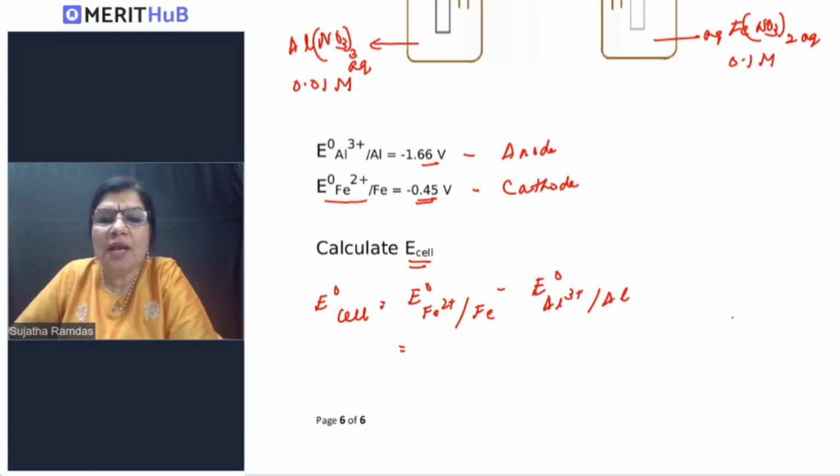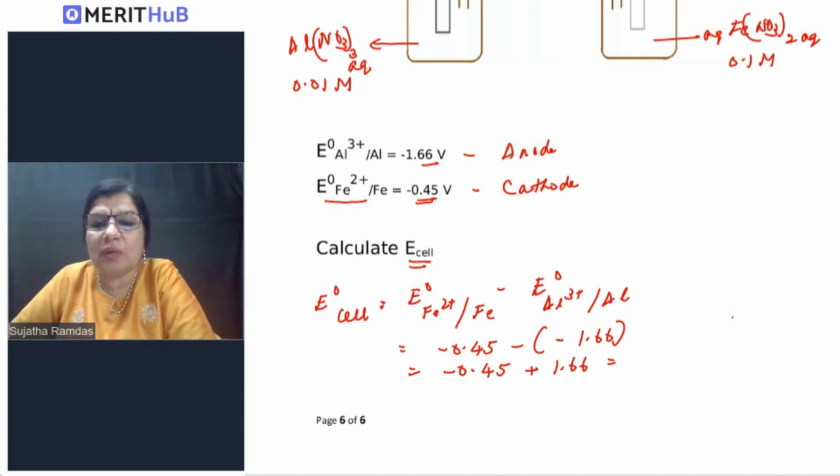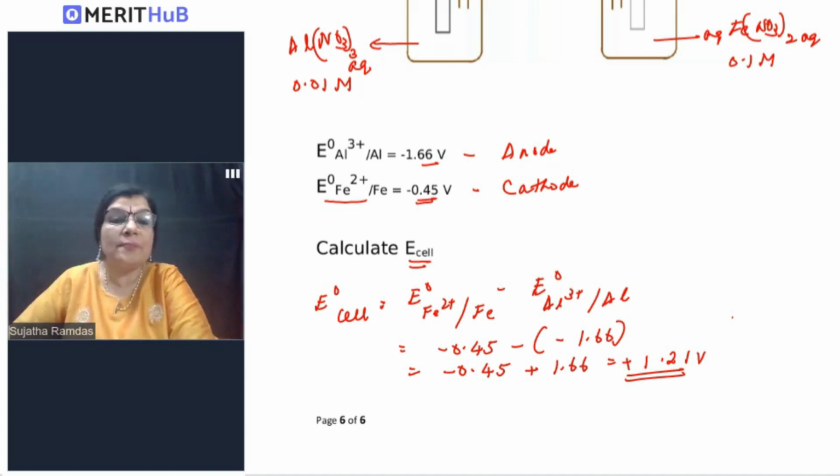This is equal to minus 0.45 minus of minus 1.66. So that is minus 0.45 plus 1.66, which will be equal to 1.21 volt, the E naught cell. And the reaction is spontaneous because of the positive sign.